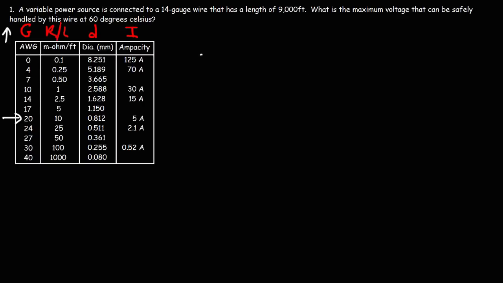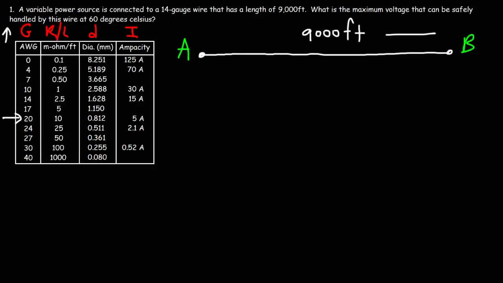Let's begin with a picture. Let's say this is the wire. Let's call this points A and B. What is the maximum voltage that can be applied across this wire? Now this wire has a length of 9,000 feet. It's a very long wire.